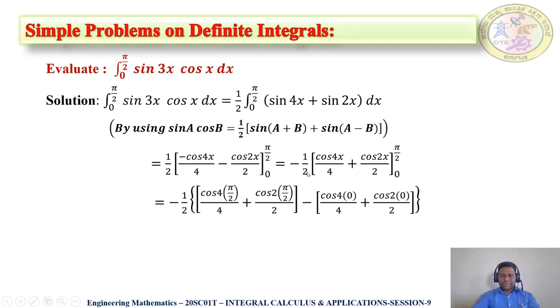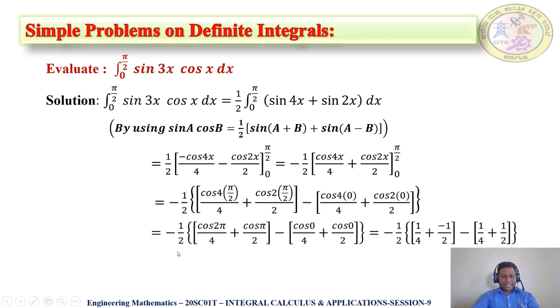We have taken this minus 1 by 2 completely outside. First we have applied the upper limit pi by 2, next we put minus, then we apply the lower limit 0 wherever x is present.